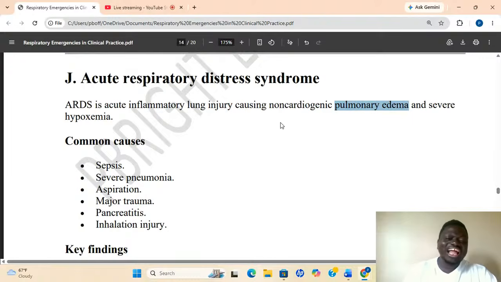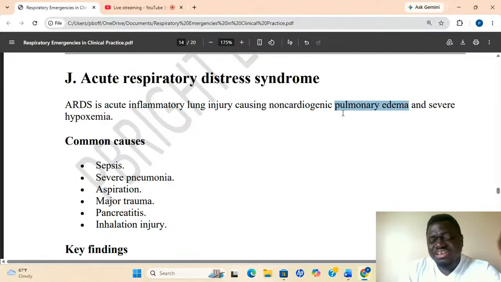The water in the cells and the blood vessels will move to the lungs and cause severe pulmonary edema.